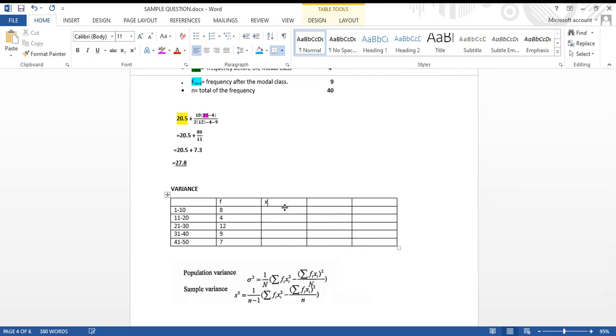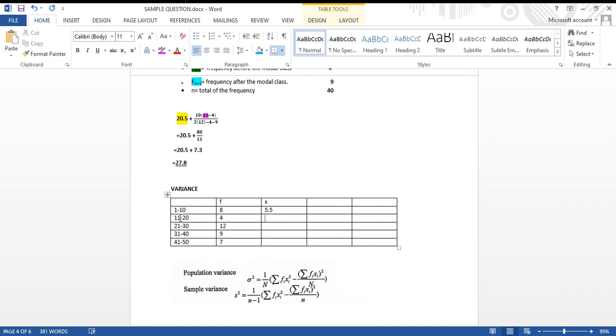To get the midpoint, you add 1 plus 10, that is 11. 11 divided by 2 is 5.5. 20 plus 21 is 41... 31 divided by 2, let me confirm with the calculator.